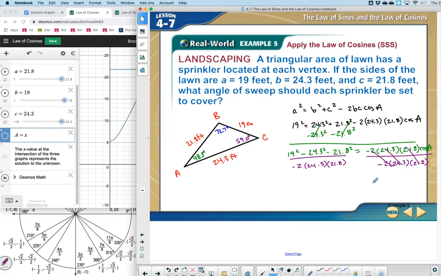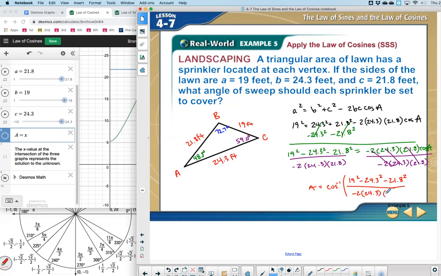The last thing I would do is take an inverse cosine. Cosine inverse of that whole fraction will give you the answer for just angle A. So all this work would only find me angle A, but that's the algebra required if you want to do it by hand.